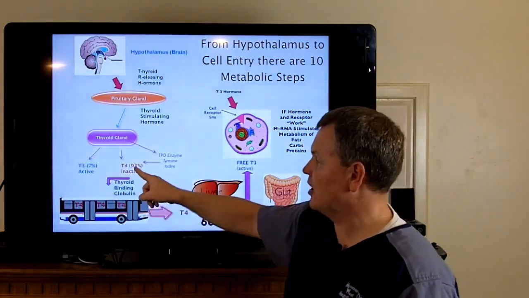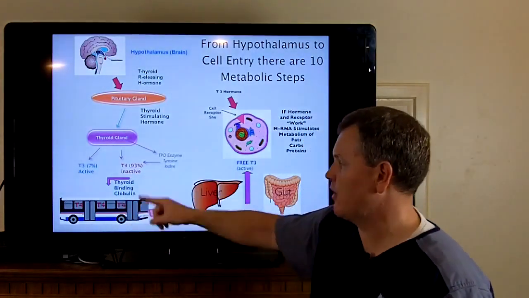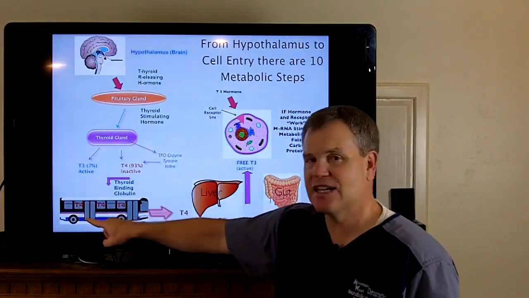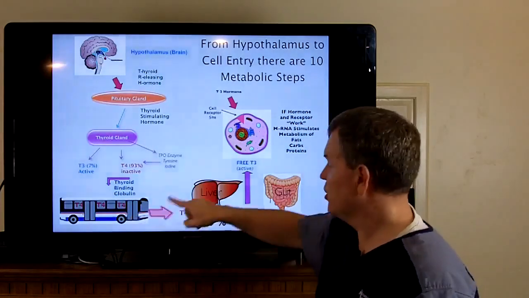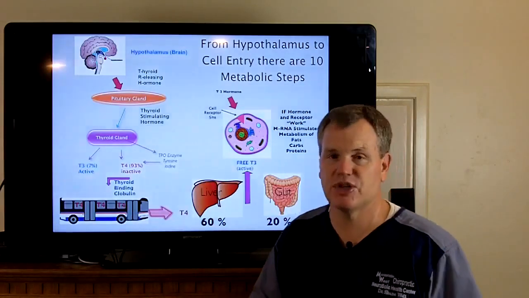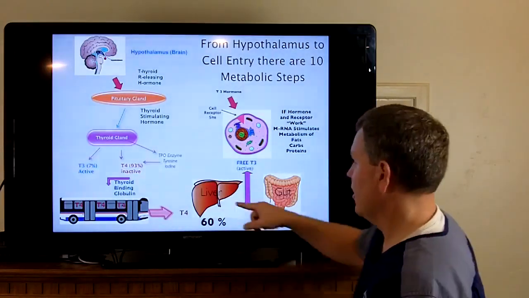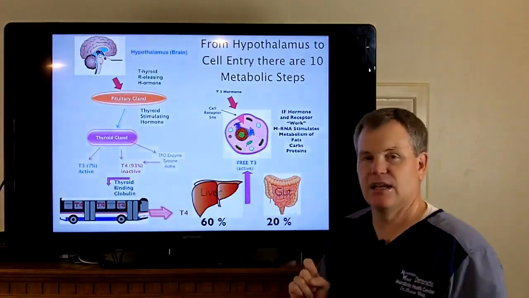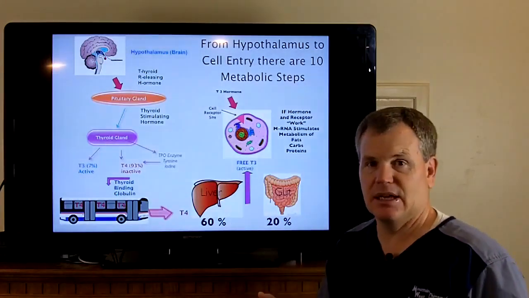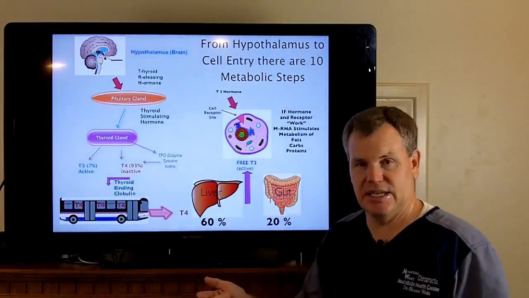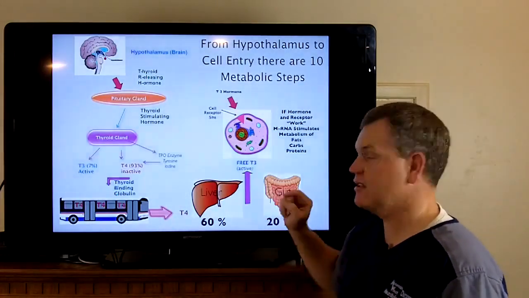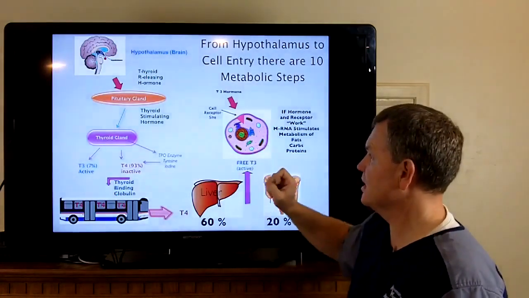So now we have to get on the thyroid bus, is what I call it, thyroid binding globulin, and that takes the T4 to the liver, where 60% of T4 gets converted into T3. It also takes it to the gut, where 20% gets converted into T3. And then we have the active form, T3, and that's what gets into the cell.